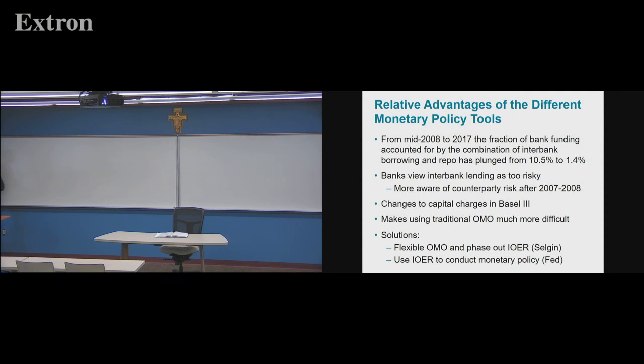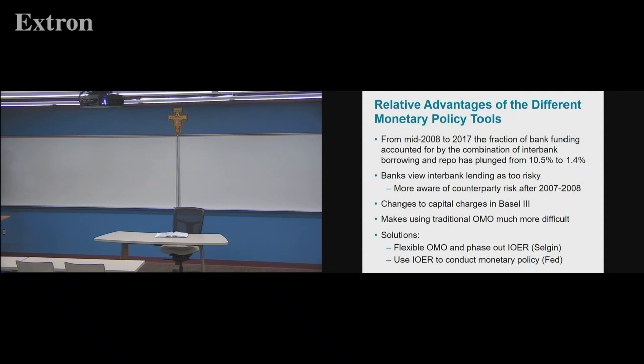Okay, so from mid-2008, so we're talking about during the financial crisis, to 2017, the fraction of bank funding accounted for by interbank borrowing and repos has plunged from 10.5% to 1.4%. So interbank borrowing, the federal funds market, and repos, the Fed's daily fine-tuning of open market operations, has decreased substantially over that time.